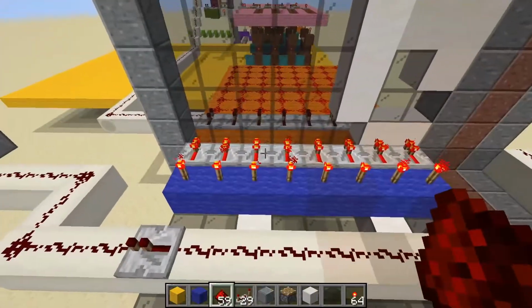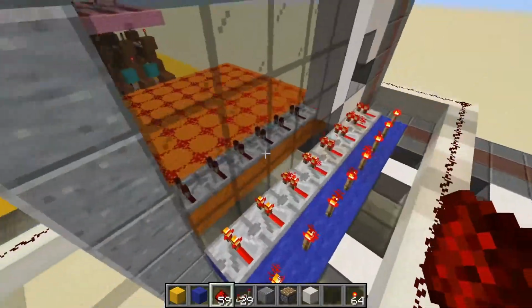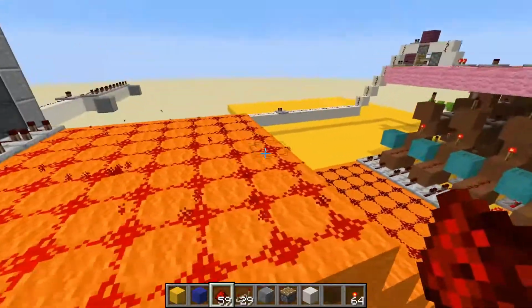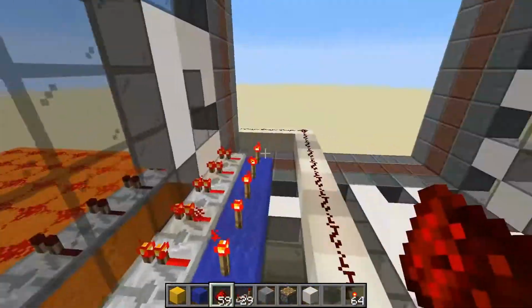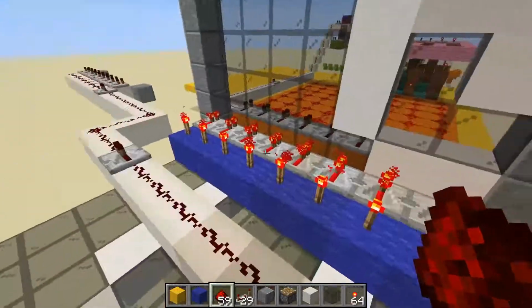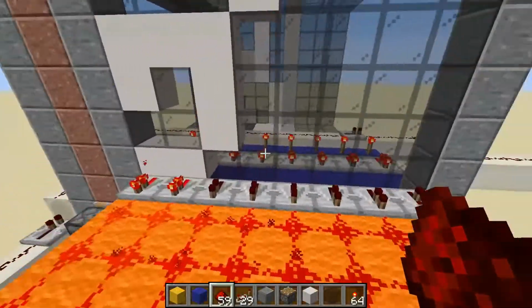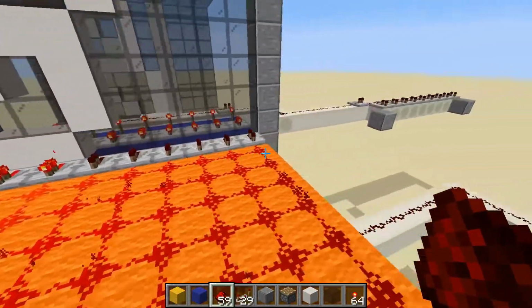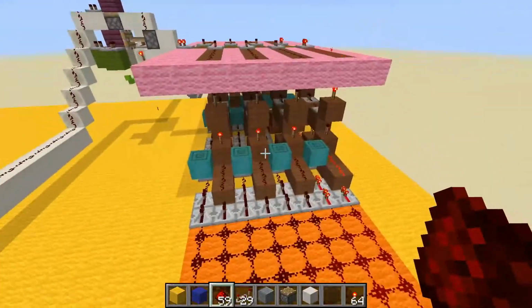We don't need much tech here because this address has to be read out constantly anyway, so it doesn't matter if it's high-tech stuff or just a torch with a repeater. What matters is the signal goes through the block and has a set signal strength to not fail the bus.